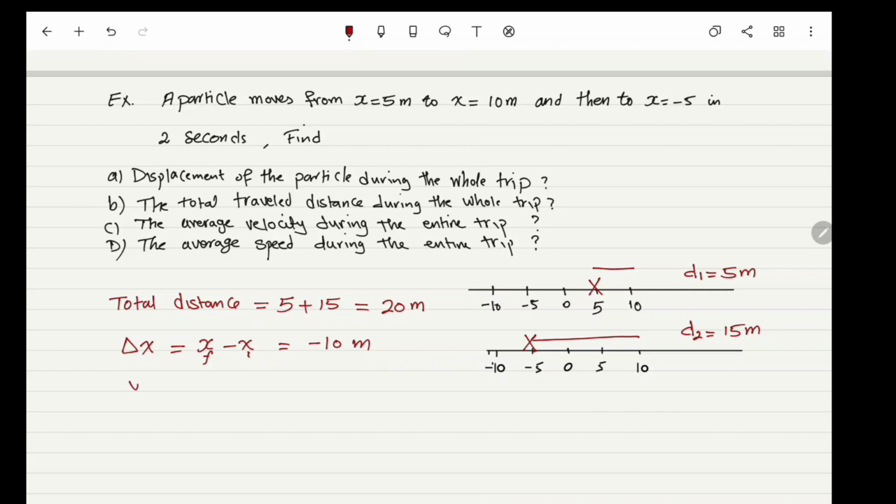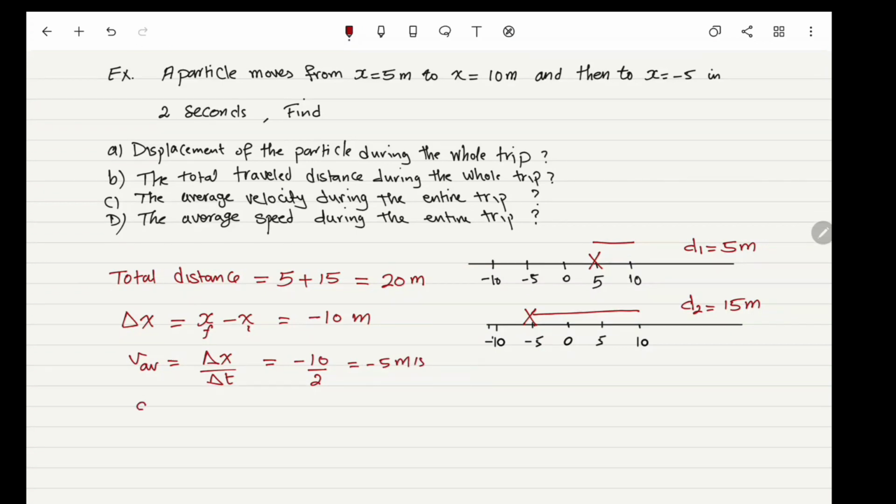Now the average velocity is equal to delta x over delta t, or the displacement in this case, which equals minus 10 divided by 2, which equals minus 5 meters per second.